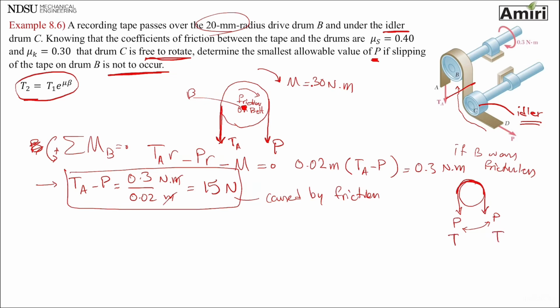But now you can see the difference between them is 15 newtons, because it's not frictionless anymore. So now we've got to use this equation. You can definitely look in the book to see how it was derived and why this is the governing equation for friction on tapes and belts. But what I tell you is how to plug numbers into it and use it easily.